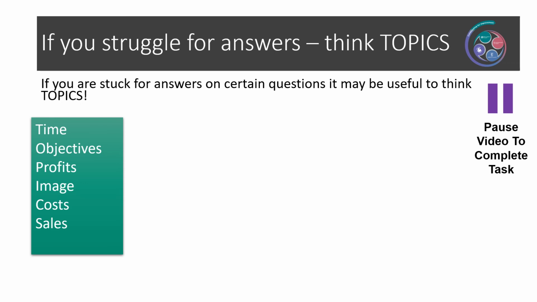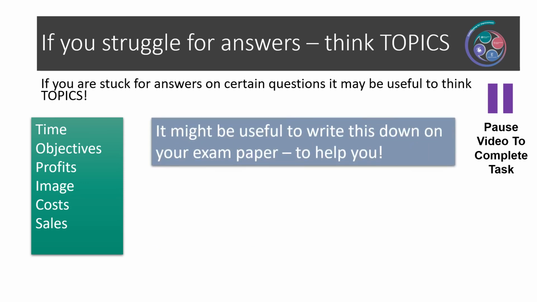You can always talk about sales increasing or decreasing. Now, it might be useful to write that down on your exam paper just to help you. That's just in case your mind goes blank on discuss questions or explain questions or justify questions. Look at topics to help, and if you remember that, then it might help you out.